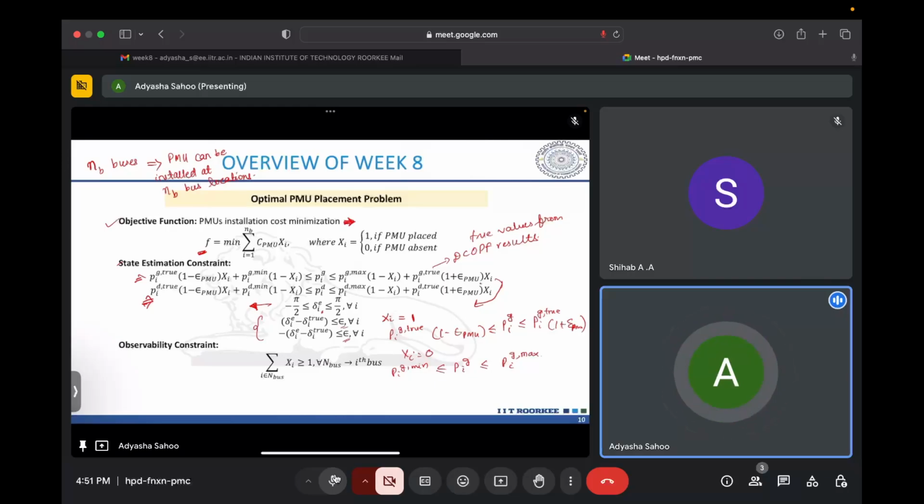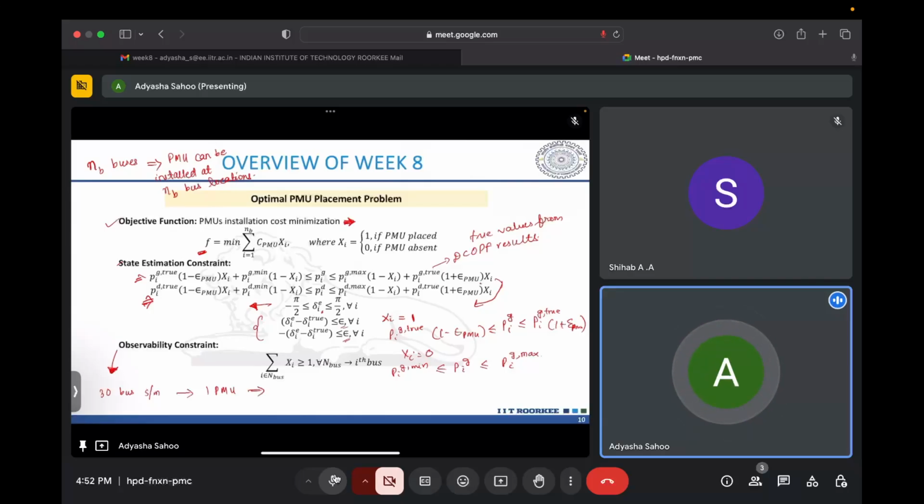So what about next is your observability constraints. Why you need this observability constraint is because we want to install the minimum number of PMUs with which your system can be observable. What that means is, let's say you have a 30 bus system, and let's say you install only one PMU.